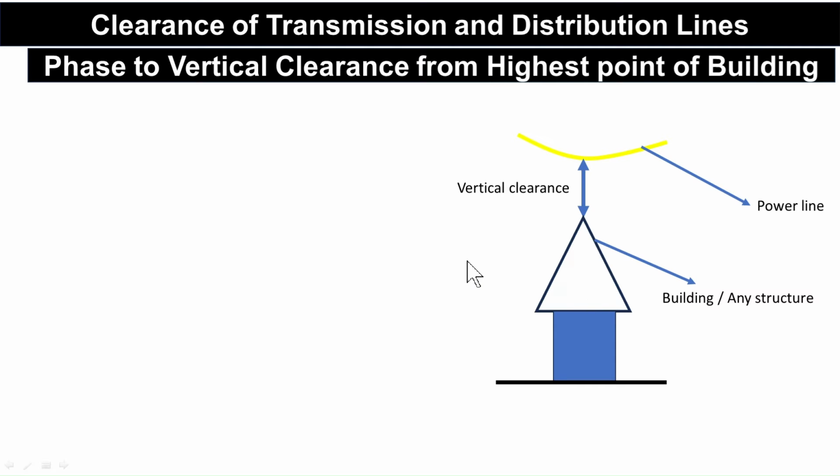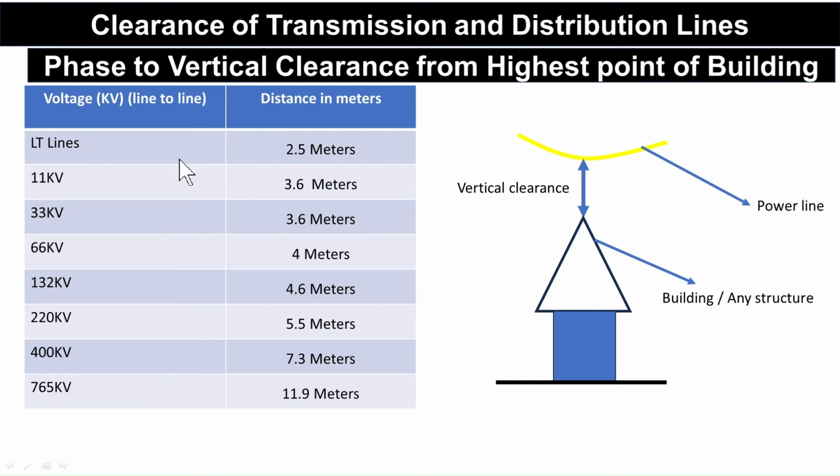For that, we have given this chart. This is the voltage, that is the line to line voltage, and this is the distance in meters from the highest point of the building. For LT lines it is 2.5 meters, for 11 kV line it is 3.6 meters, for 33 kV it is 3.6 meters, and for 66 kV line it is 4 meters.